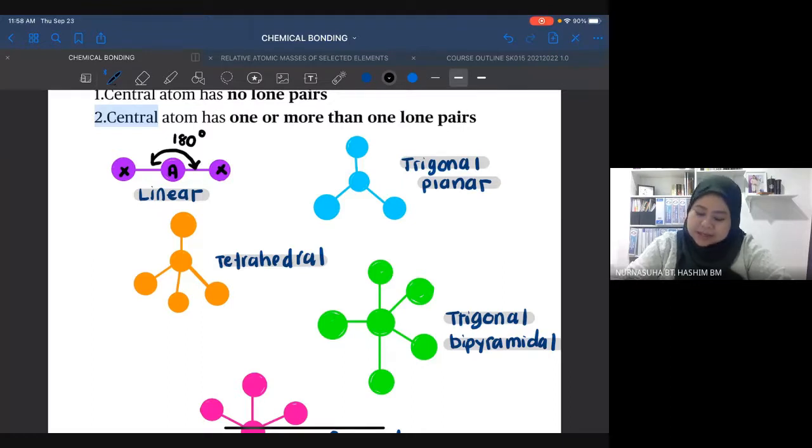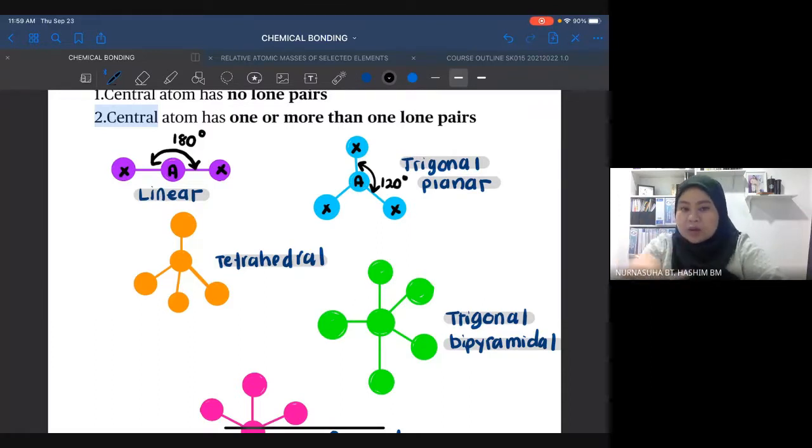Okay, next is trigonal planar. Trigonal planar is when you have 4 atoms, one as a central atom and 3 surrounding atoms. The bond angle for trigonal planar is 120.